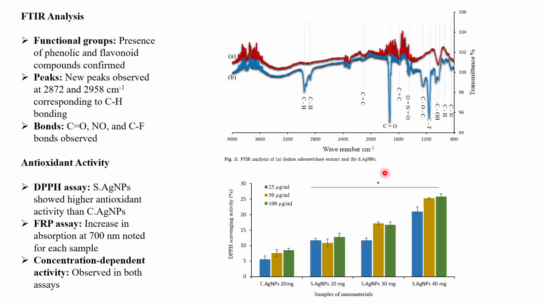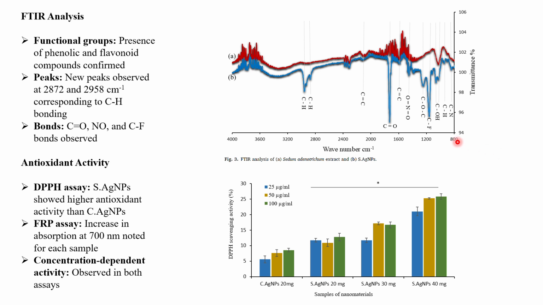After that, we used FTIR analysis. FTIR analysis is used for the determination of the chemical compound, for the determination of the functional groups present in a chemical compound.